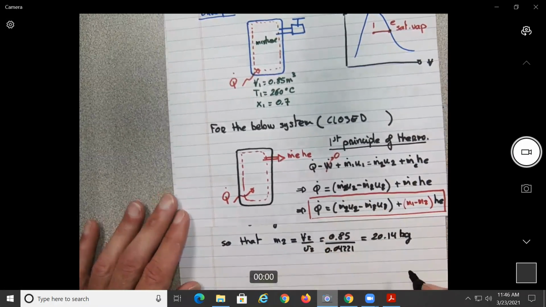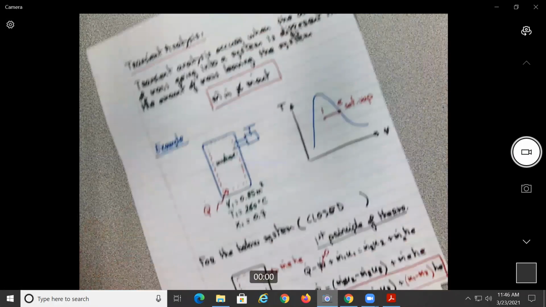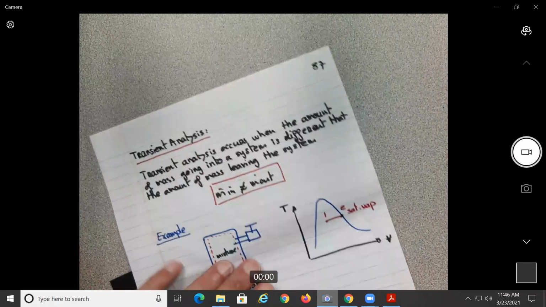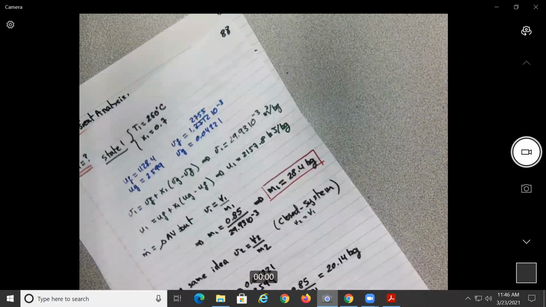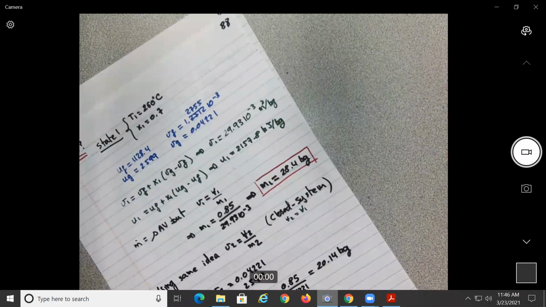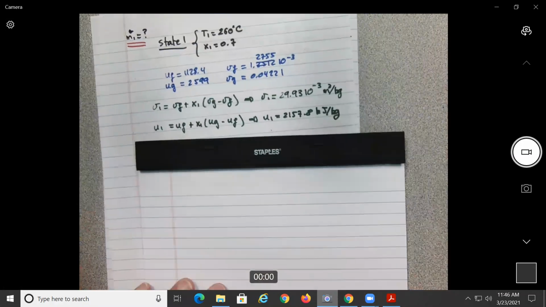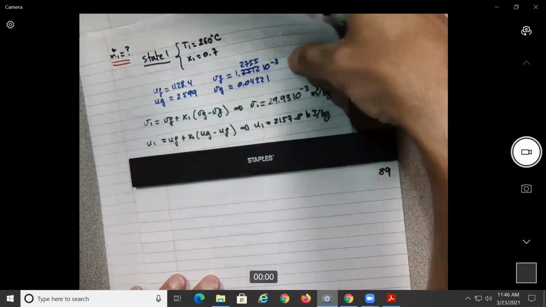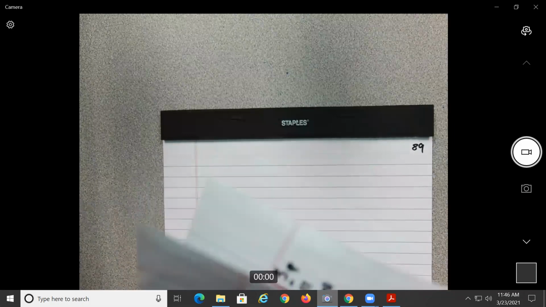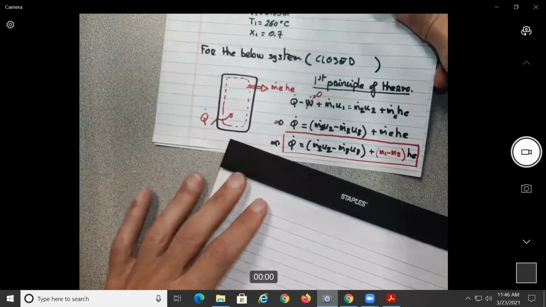So go to the next page. Okay, pay attention now, because I'm going to rewrite the first equation, because I'm going to change something.